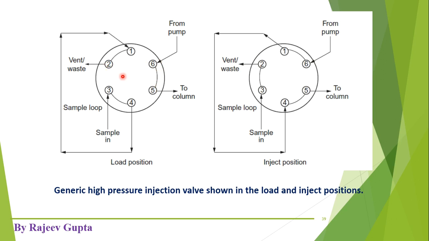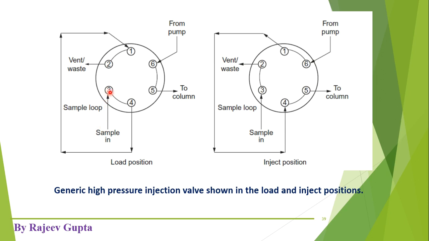Now this 1, 2, 3 and 4 position are related to sample loop where we introduce our sample. So here we can observe that at point number 3 we inject our sample.